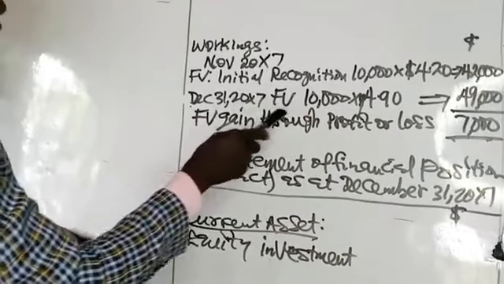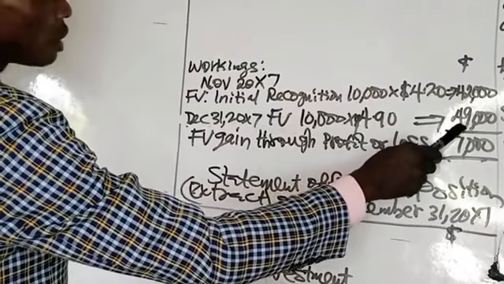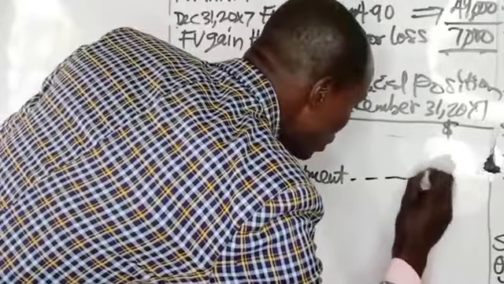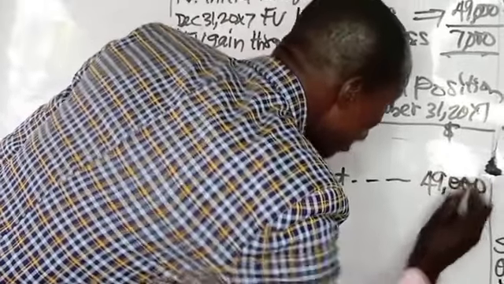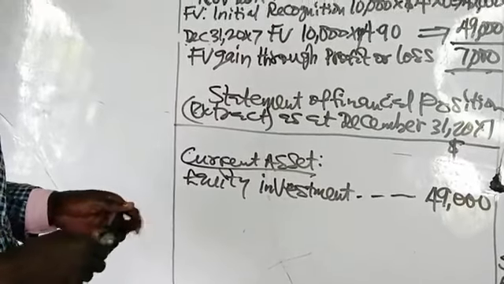How much is the fair value at the reporting date? December 31st, 20X7, it now has a fair value of $49,000. So you have this $49,000 recognized as current asset. That is the solution to example 1.